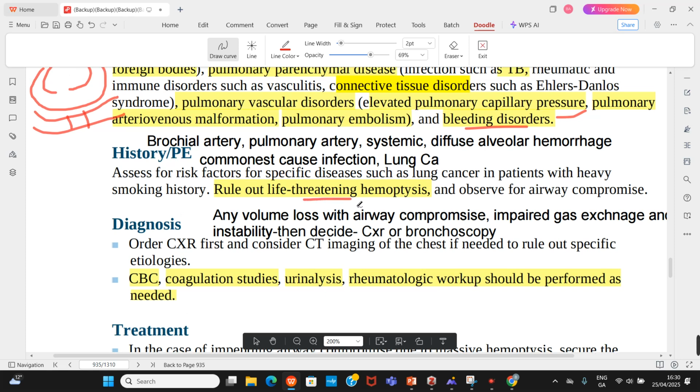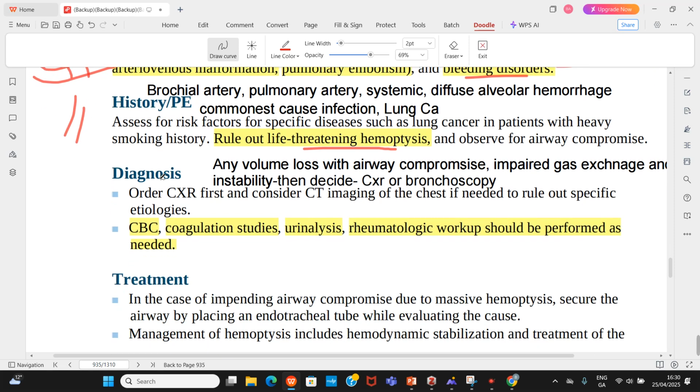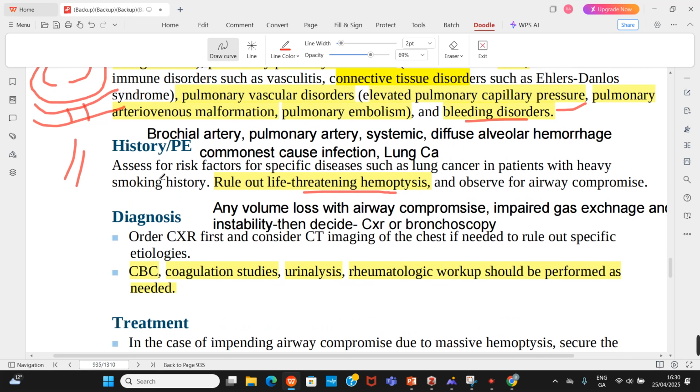So what do you do? Just try to make sure you rule out any life-threatening hemoptysis, that this person is hemodynamically stable, because that will change your management totally. So the first thing is to look: is this person hemodynamically stable? Do I need to go and do the ABC approach? Airway management, breathing, circulatory.